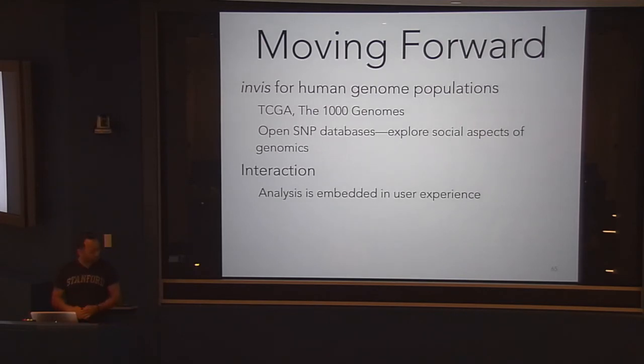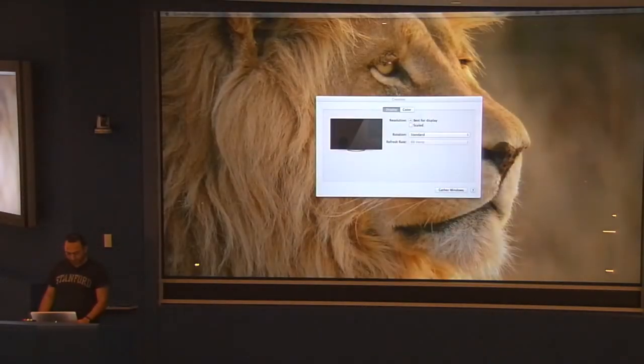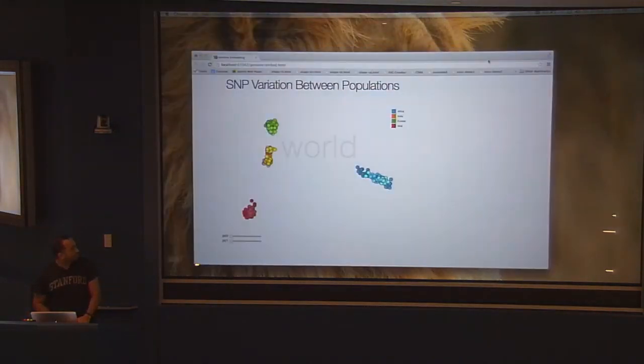When I was trying to learn a little bit more about genomics, I read this paper. I'm going to show you. This paper was nice. They provided the SNP data they used. They also had a static PCA plot of the data.